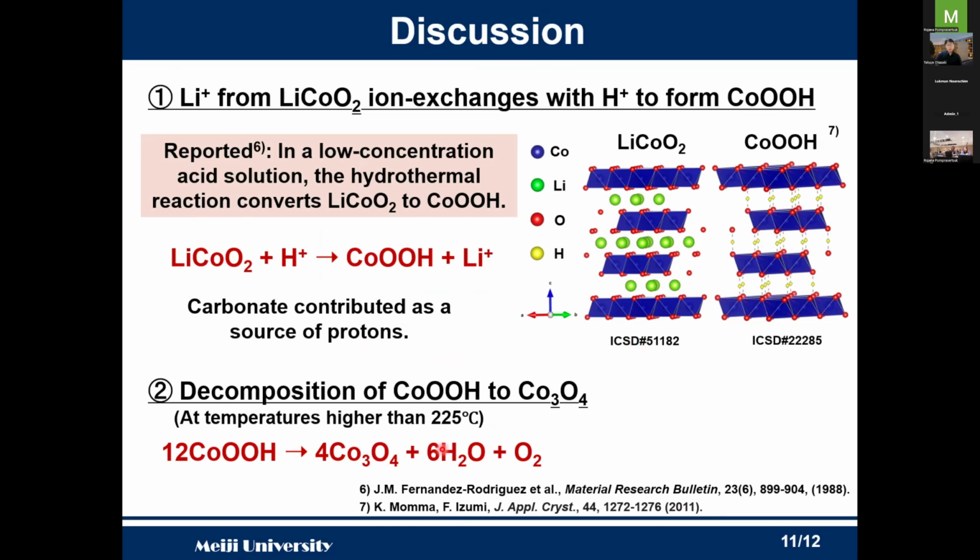This reaction has been reported by some researchers in ambient conditions, which is not a hydrothermal process, but we believe it is also the same. This hydrothermal decomposition makes cobalt oxide.